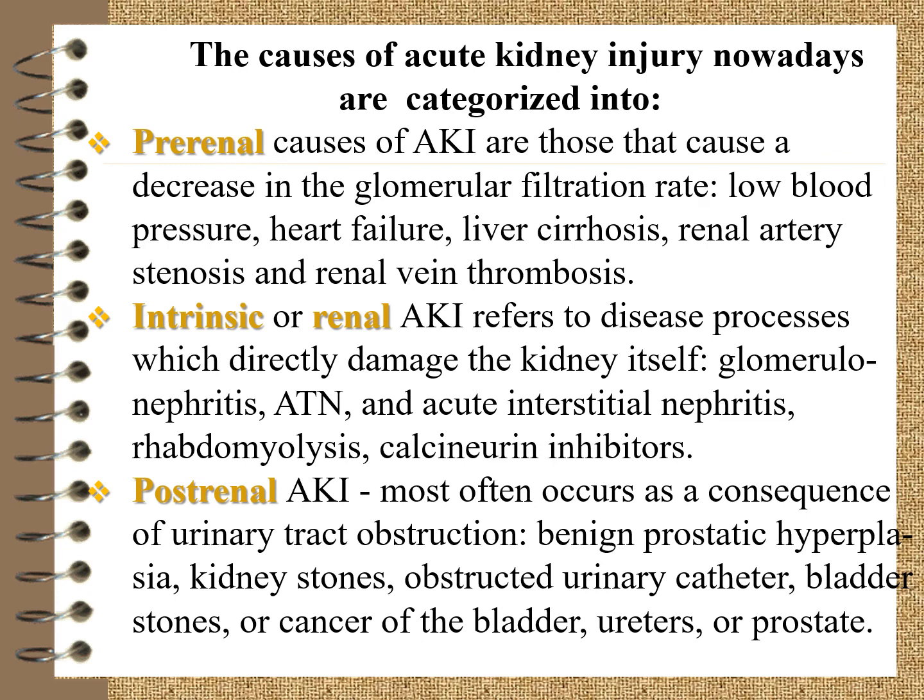Notable causes include low blood volume, as in dehydration, low blood pressure, heart failure leading to cardiorenal syndrome, liver cirrhosis, renal artery stenosis, and renal vein thrombosis. Intrinsic or renal acute kidney injury refers to disease processes which directly damage the kidney itself. Common causes are glomerulonephritis, acute tubular necrosis, acute interstitial nephritis, rhabdomyolysis, and calcineurin inhibitors.